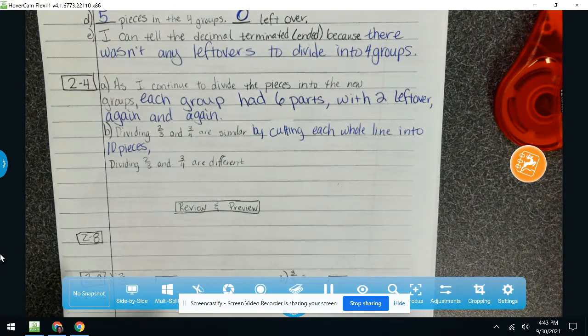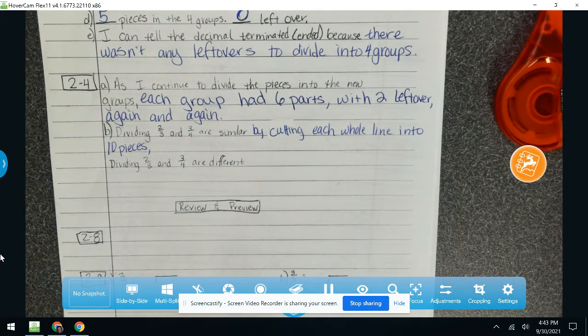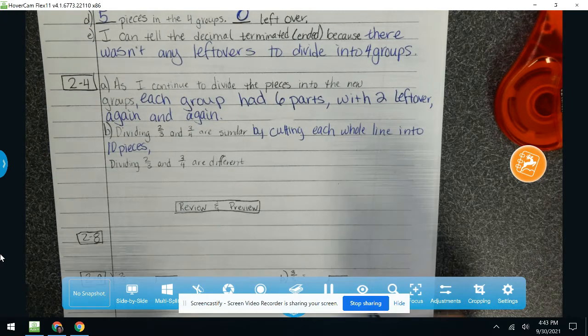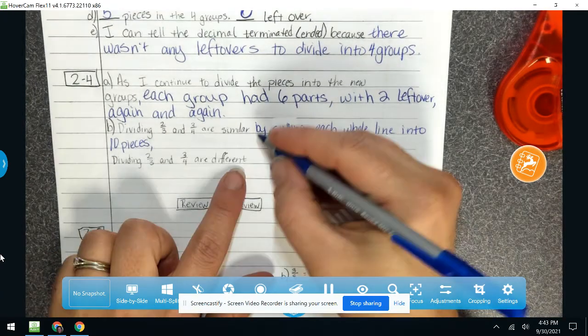But it was different groups because we had different divisors. On 2/3, we had a divisor of 4, whereas on 3/4, we had a divisor of 3, which is the same as my denominator. So when we divided, they're different.